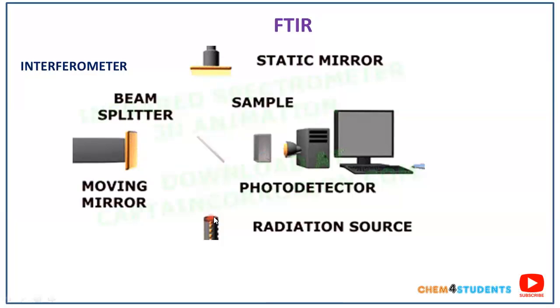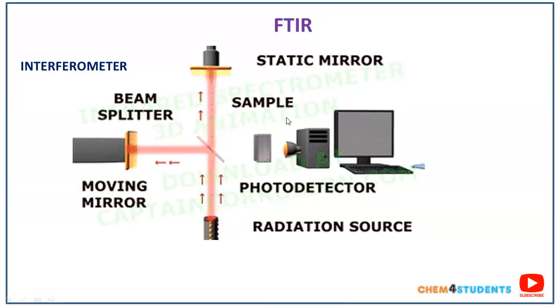When we pass the beam through this beam splitter, the beam will be split into two beams. One beam passes to the moving mirror and the second beam passes to the static mirror, and these beams will be reflected back and combined again, and then go through the sample.